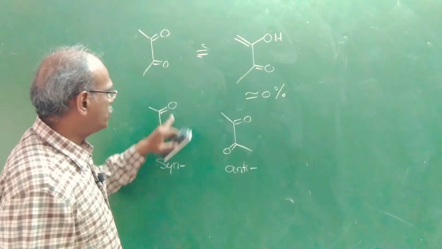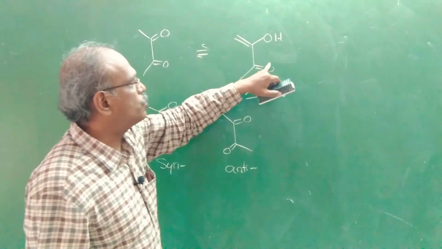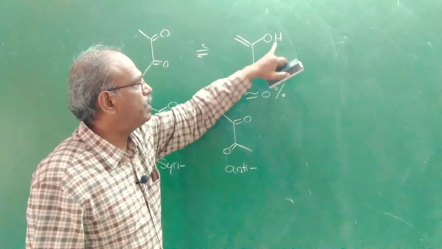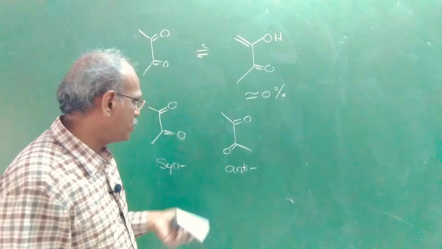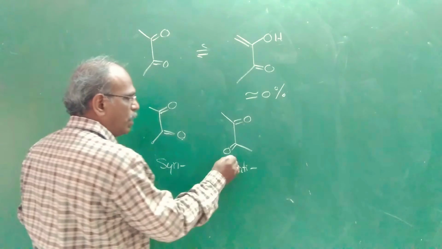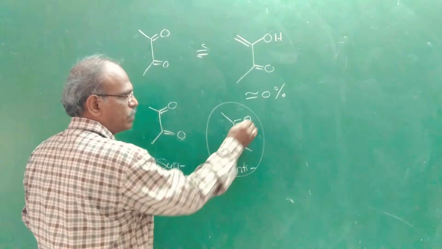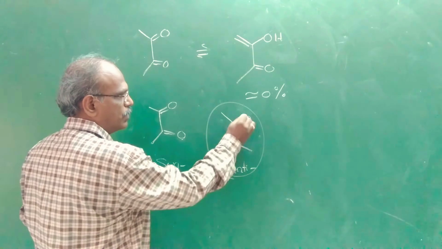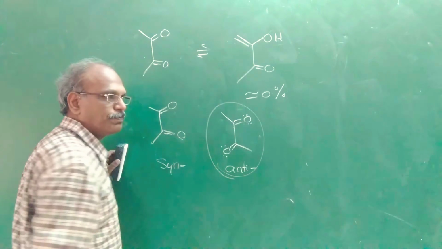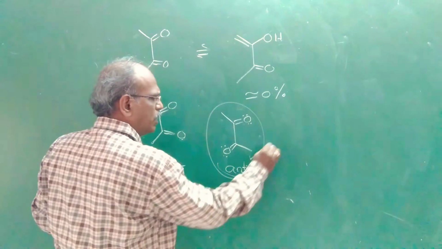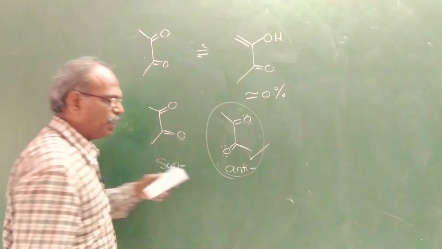If they are in syn position, we get this one, and it is stabilized by intramolecular hydrogen bond. But it prefers anti position, because in anti position the groups are away and the repulsions are less. So it always exists in anti form.